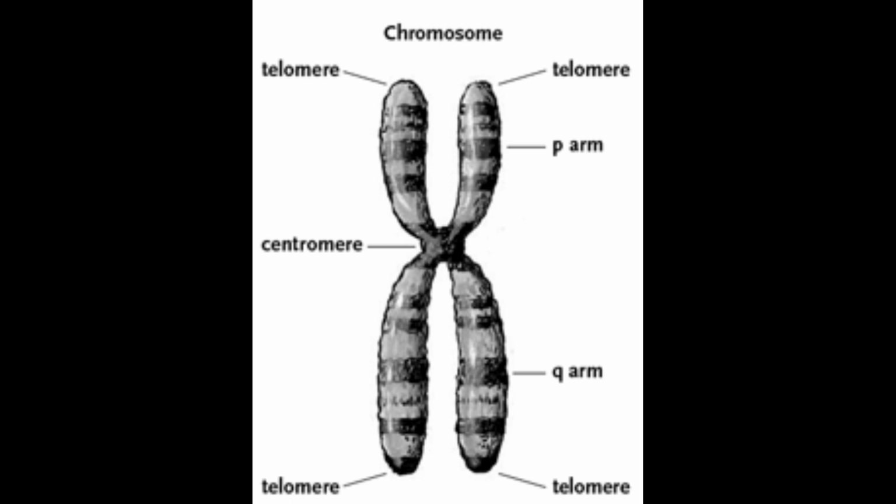It acts as a link between two sister chromatids. And one more thing, it plays an important role during cell division, as on its side there is a disc-shaped structure called the kinetochore, where spindle fibers attach during cell division to pull sister chromatids apart.